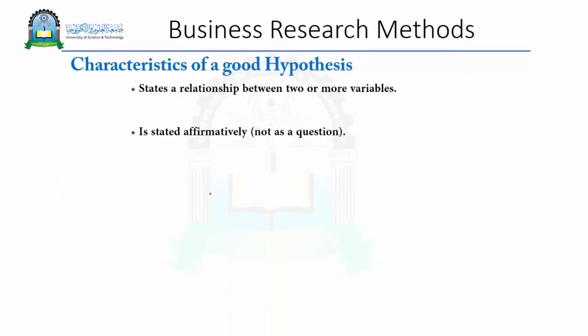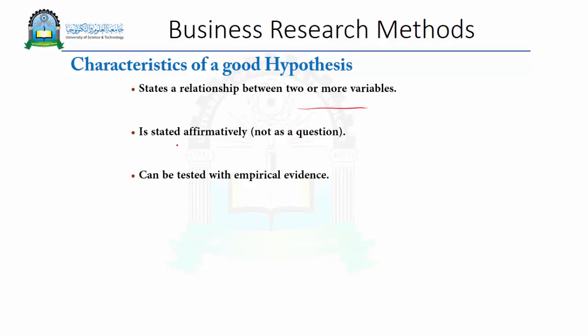The characteristics of a good hypothesis are as follows: it states the relationship between two or more variables, whether it is between IV and DV, or IVs and DV, or IV, moderator and DV, or the mediator and DV. So it is a reflection of the research conceptual framework.